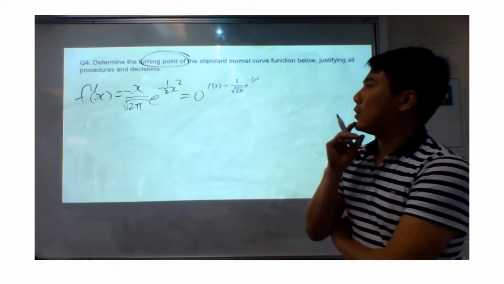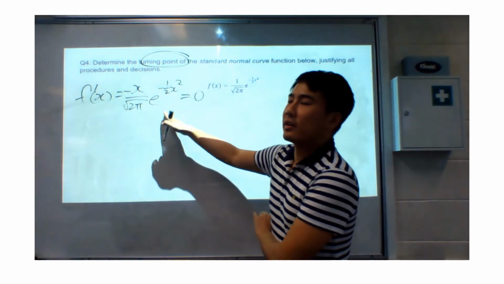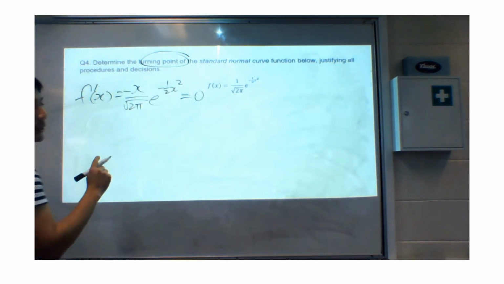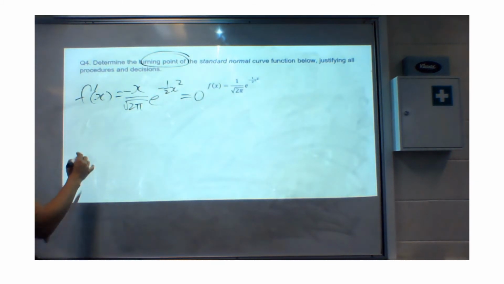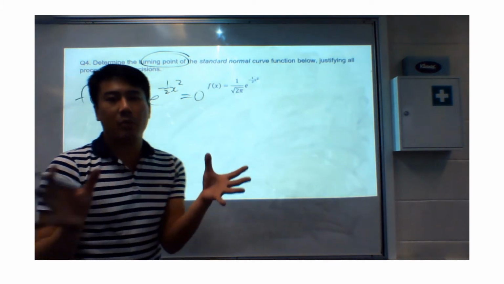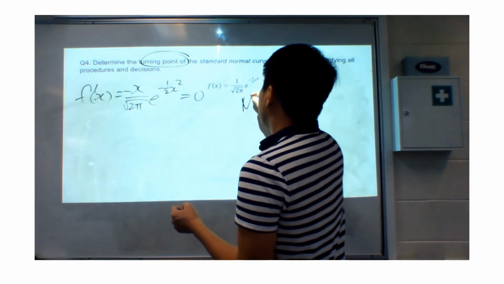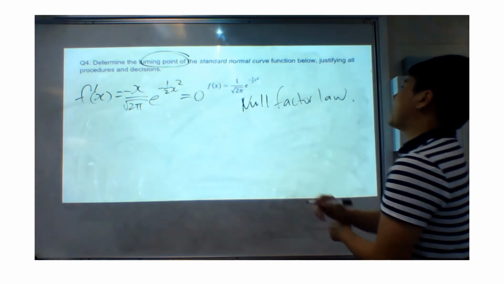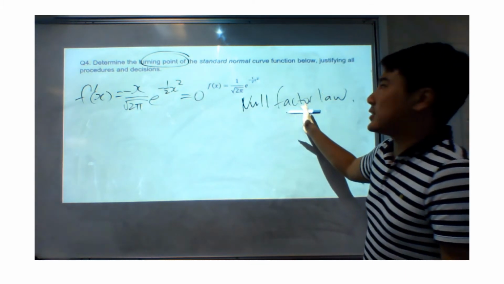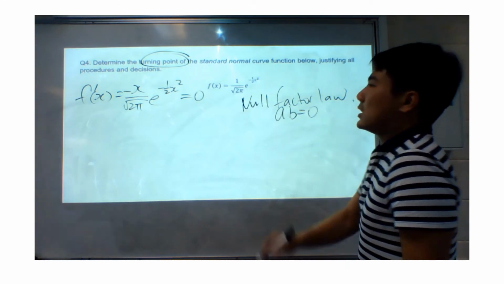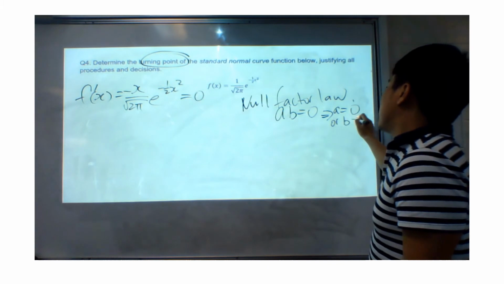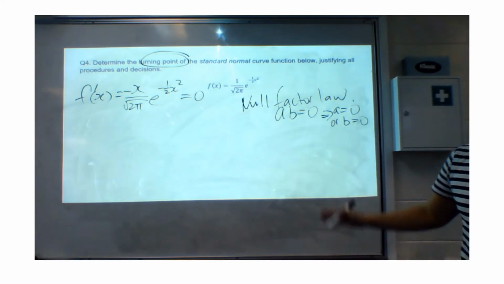Okay, so now we know the derivative equals 0. You should remember that's a law that we have been using all the time when solving equations. It's called the null factor law. Basically, this is a fancy way of saying if AB equals 0, then A equals 0 or B equals 0. Pretty much common sense.